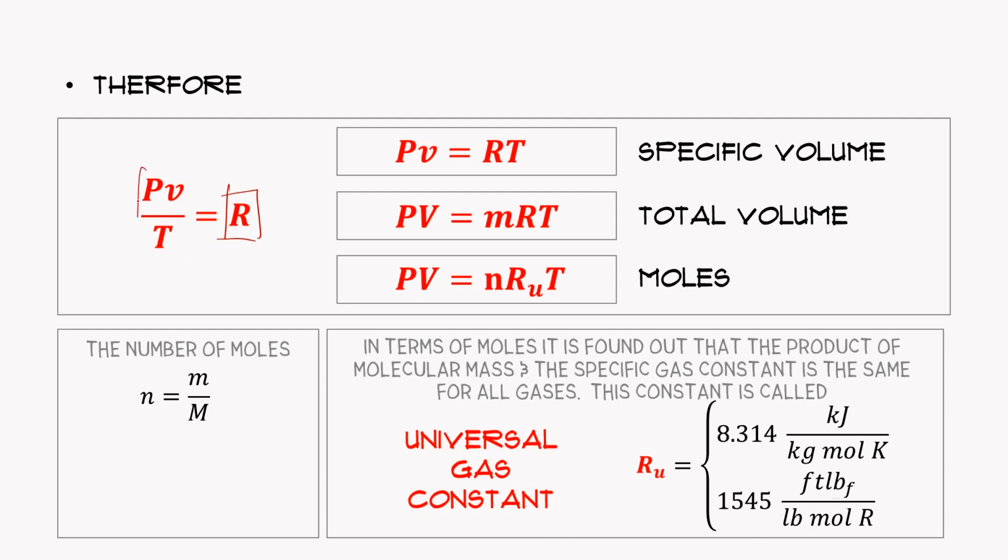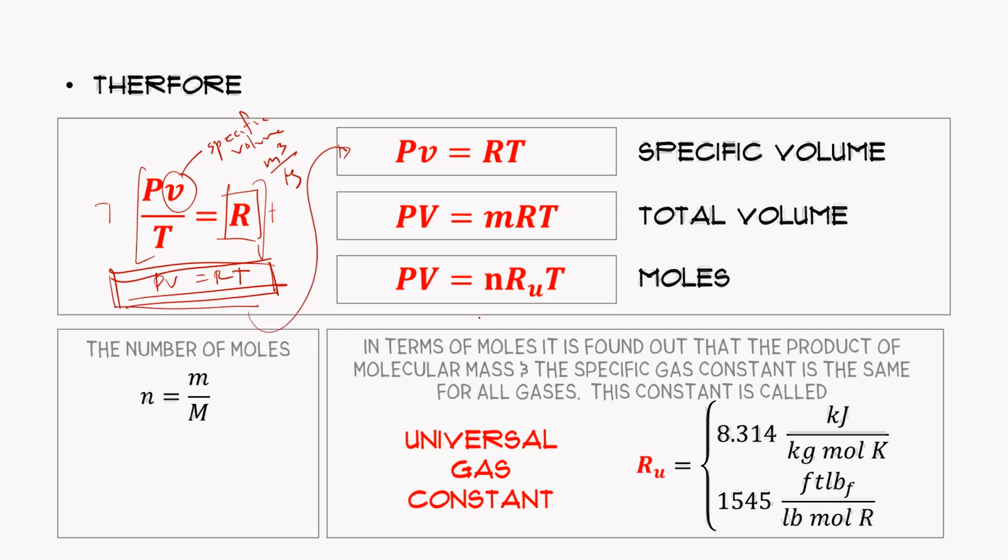Multiply both sides by temperature, and what you get is PV is equal to RT. Take note that for now we are using the specific volume, and the unit is cubic meter per kg. If we're using specific volume, then we have this expression of the ideal gas equation, PV is equal to RT.